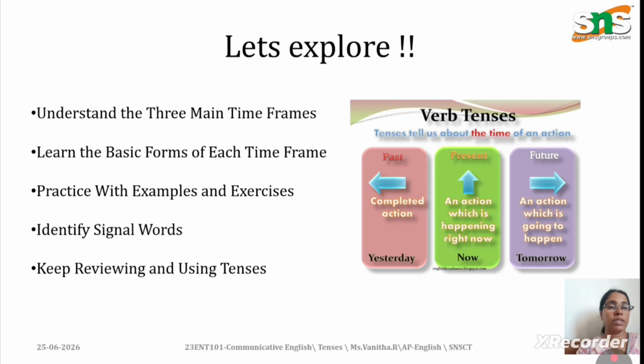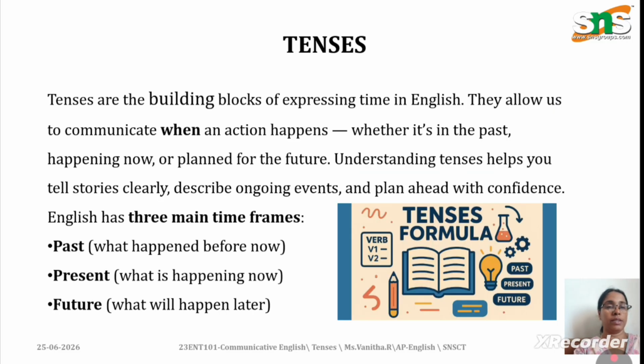So the past tense tells about the completed action, and the present tense tells about the action that is happening right now, and the future tense tells about the action which is going to happen hereafter. So what is a tense? Tense is something which denotes the particular time of the action. And that tense is further divided into 3 forms: past tense, present tense, future tense.